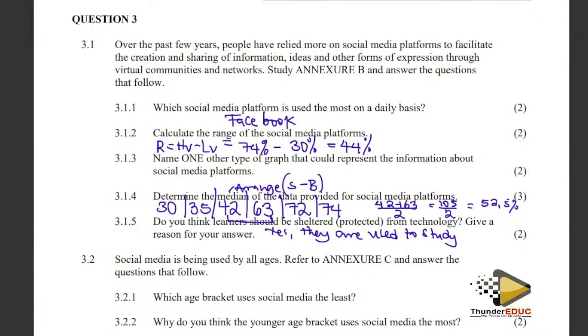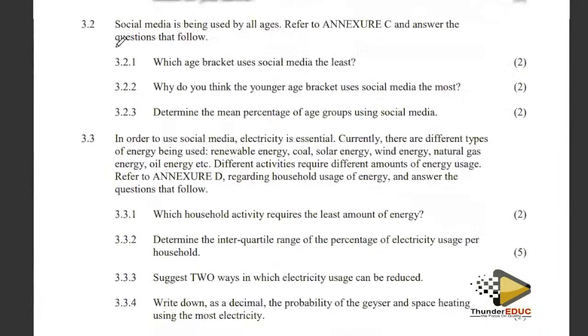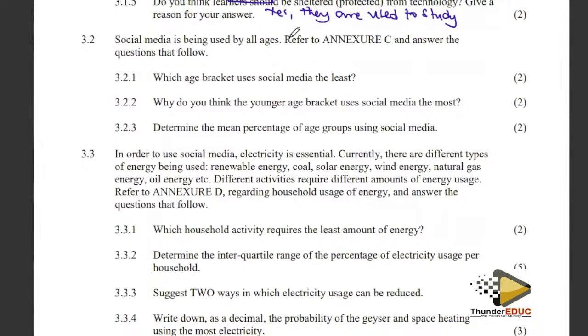Or you can say no, some students misuse the platforms.